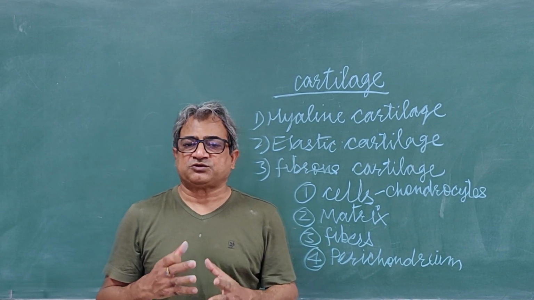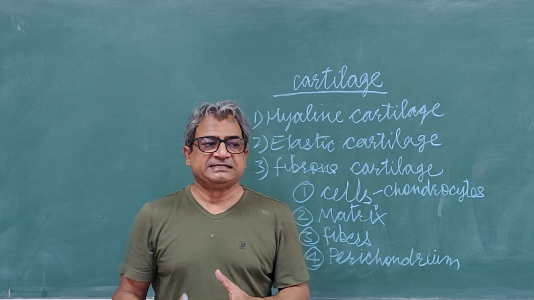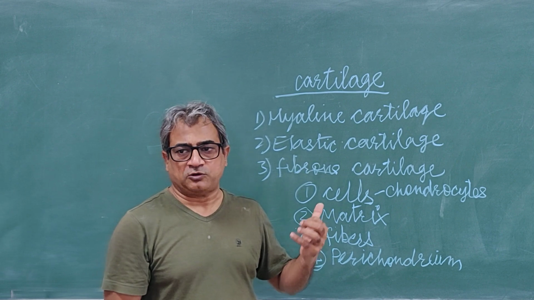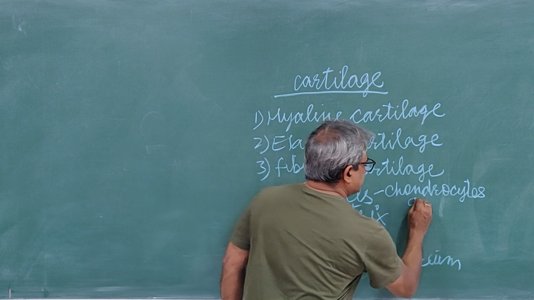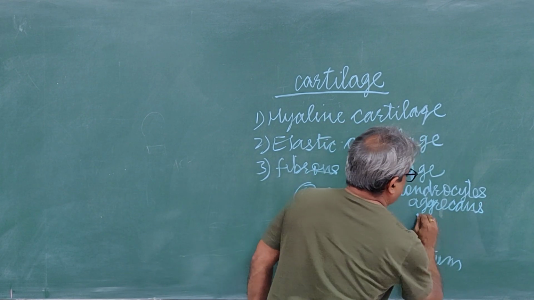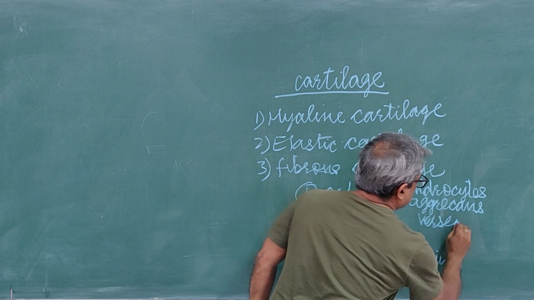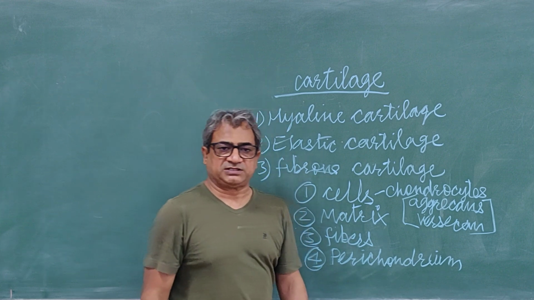So the structures present within the matrix are basically secreted by the chondrocytes, and in general, those are substances which we call aggregans or versicans. We'll come to these terms later on. What are aggregans and what are versicans?